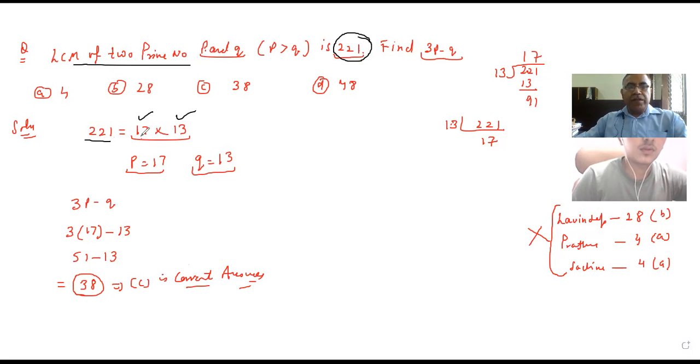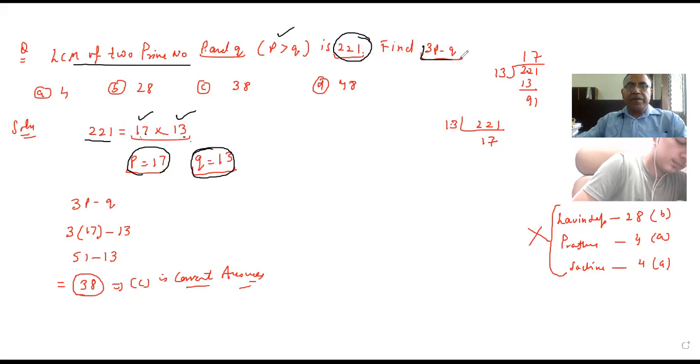So one must be P and second must be Q because PQ is 2 to 1. So one is P, second is Q. Now in question it is said that P should be more than Q. So my P should be 17 and my Q should be 13. Now he's saying find 3P minus Q, put the values and get the answer.